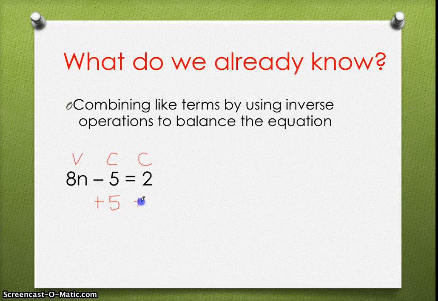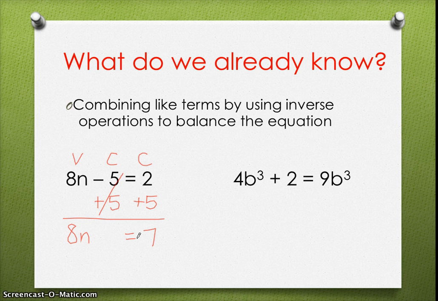So I want to add a 5 to the other side of the equation to balance it because I want to do the same thing on both sides. Nothing is happening to that variable expression, so I can just bring it down. A negative 5 with a positive 5 will then cancel out, and then I have 2 plus positive 5 to give me 7. That is balancing an equation by combining like terms that are constants.